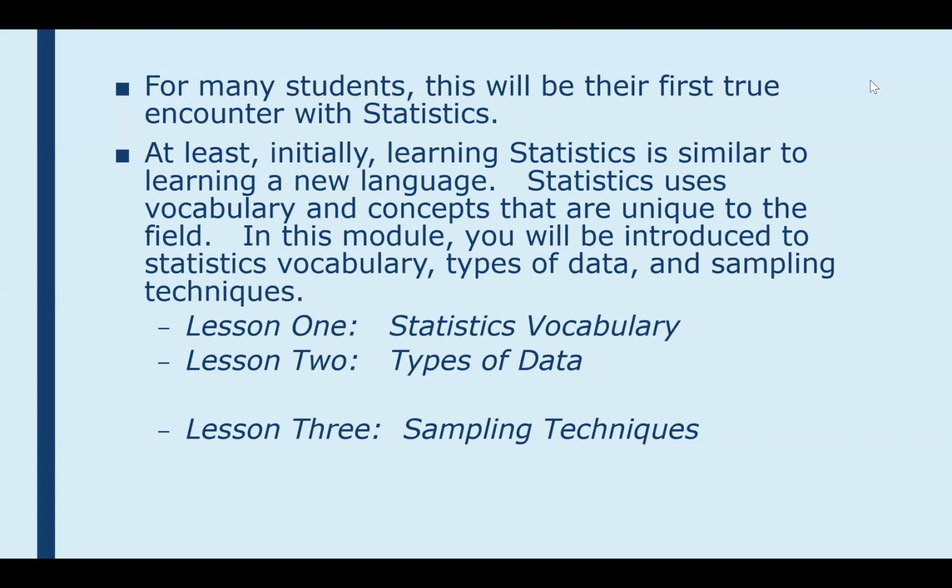Then towards the end of module 1, we do get to begin working with some data, focusing first on what we call qualitative or categorical data. And as we move into module 2, we'll get more into the quantitative or numerical data.